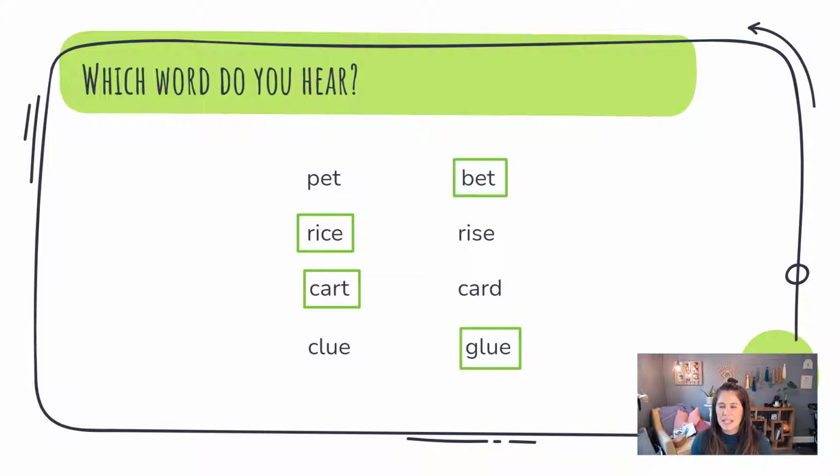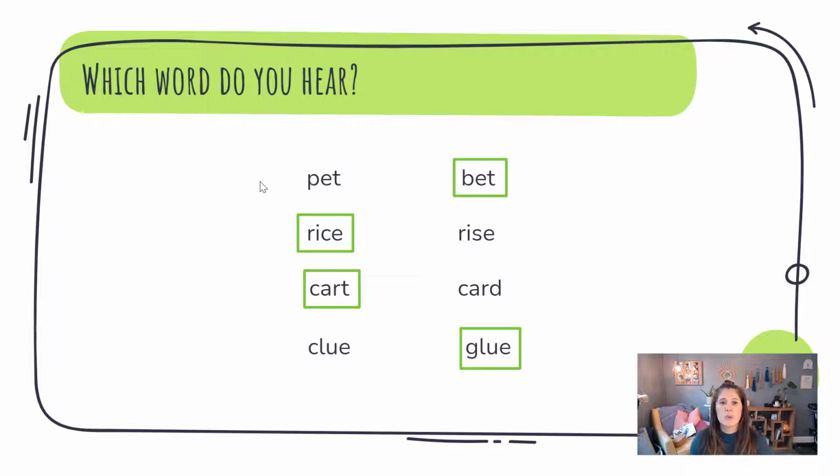If you identified the word that is marked with the green box, then good job. If this was difficult, it's okay. These words are in pairs for a reason. They are very similar. And actually, the only thing that is different between each word in the pair is just one sound.